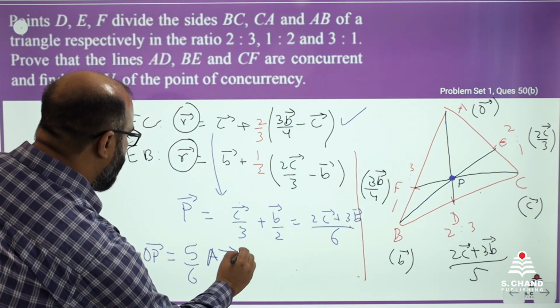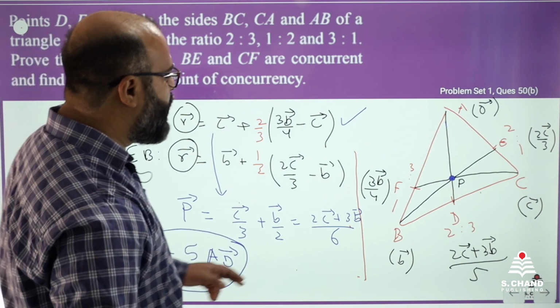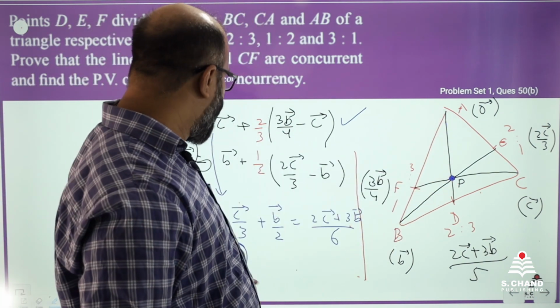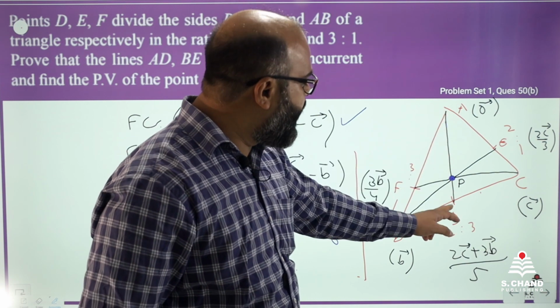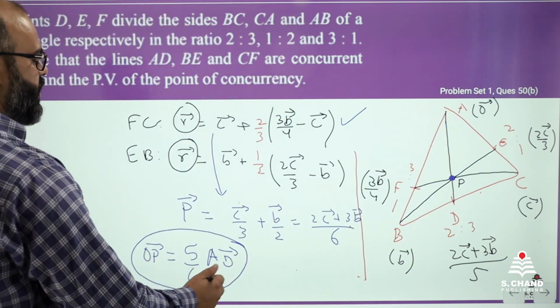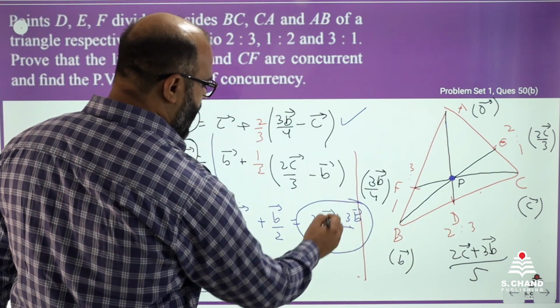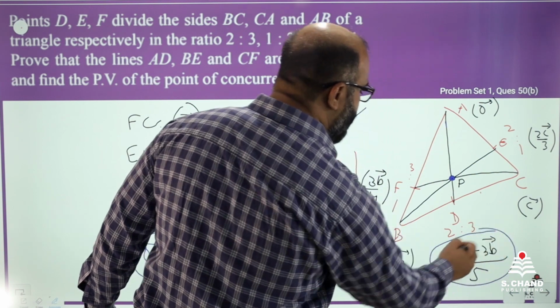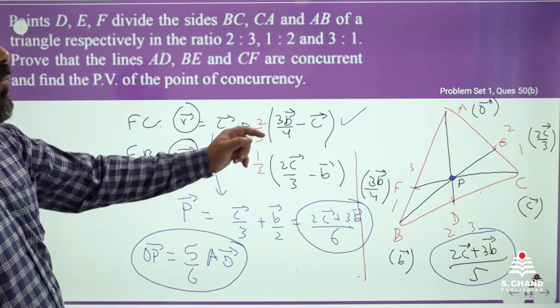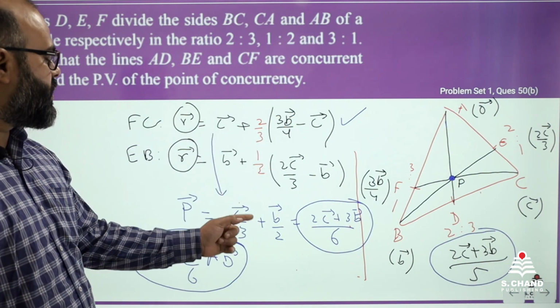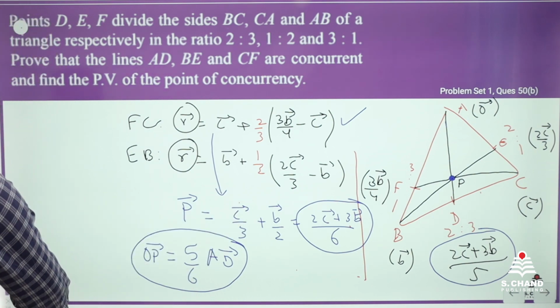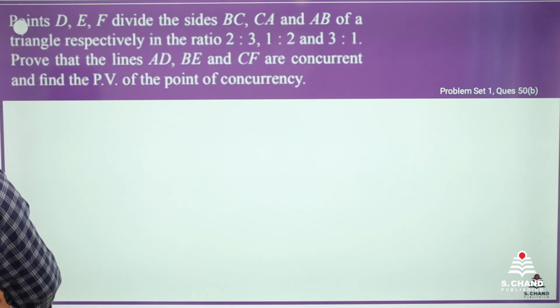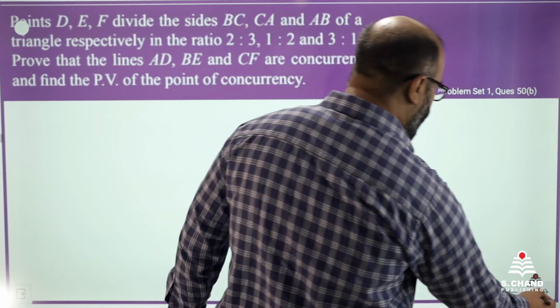This OP is equal to 5 by 6 of AD, because this is OP and this is AD. So yes, this point is the point of concurrency and this is the position vector of the point of concurrency. Let us come to the next question.